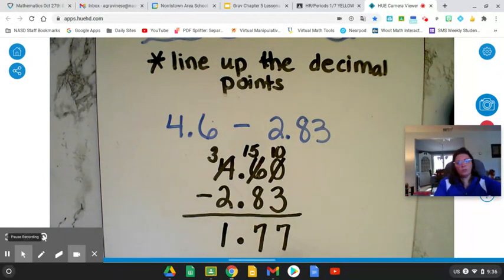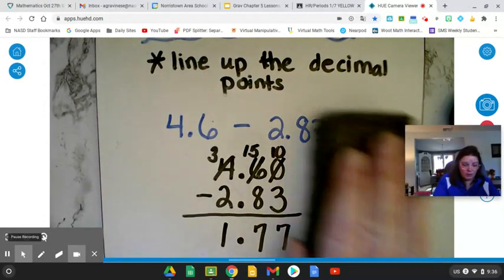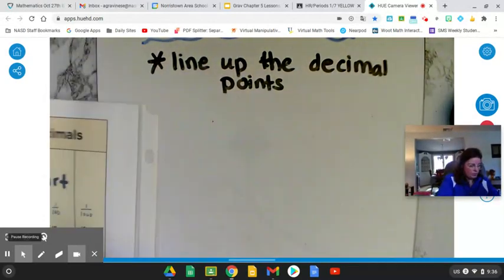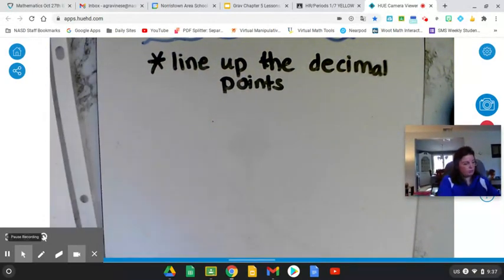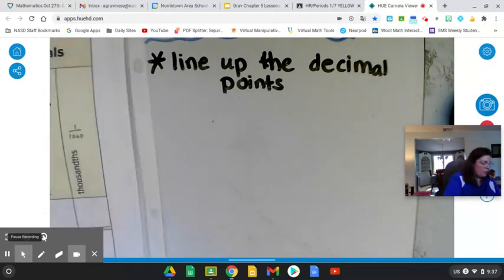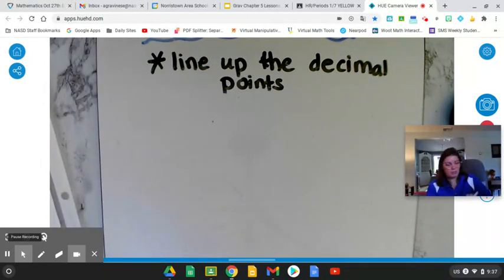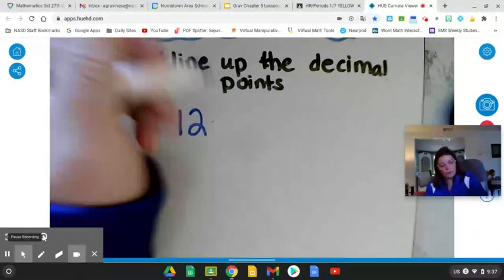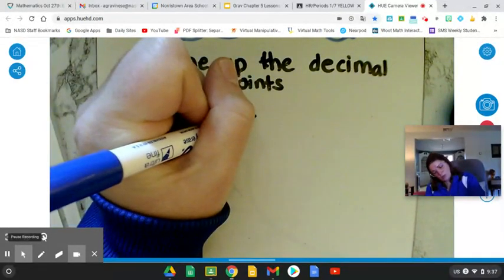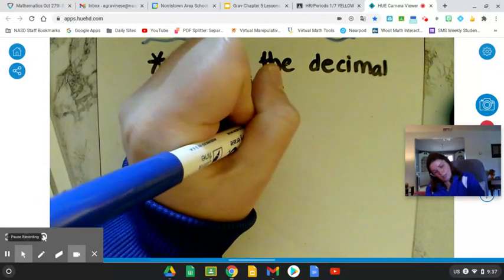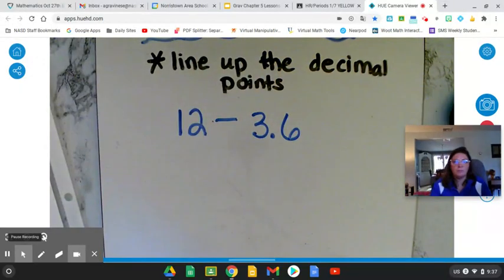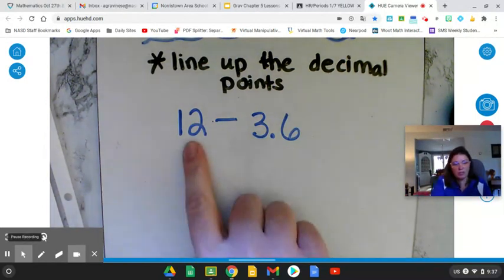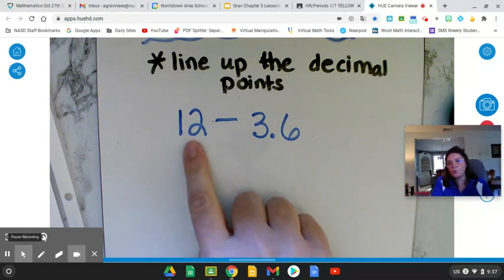All right, I want to do one more problem, and this is a problem that students sometimes get confused about when we have a whole number minus a decimal. So let's say we have the number 12, and we're taking away 3 6/10. So what can confuse students here is that they don't know what to do with this 12.